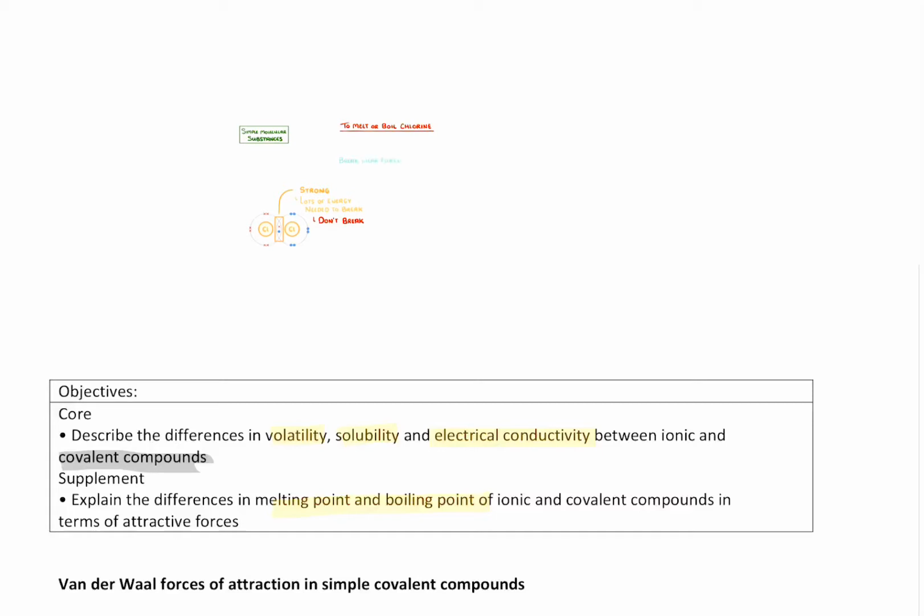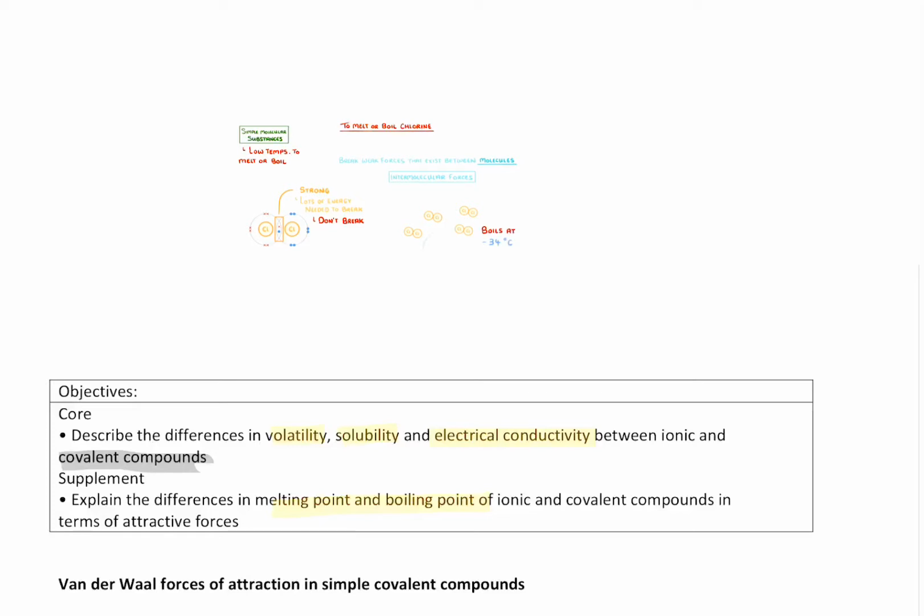Instead, we only need to break the weak forces that exist between different molecules, which we call intermolecular forces. Because of this, we only need very low temperatures to melt or boil simple molecular substances. For example, chlorine boils at -34 degrees Celsius.